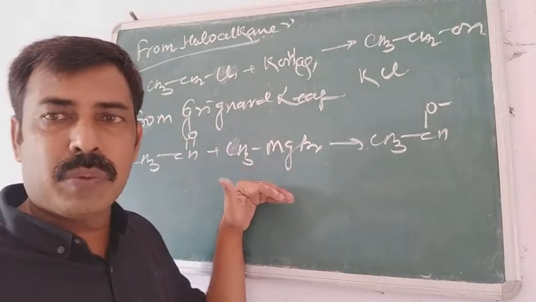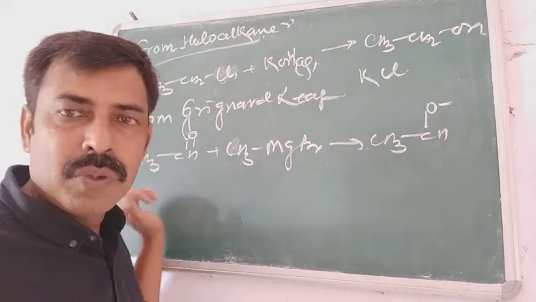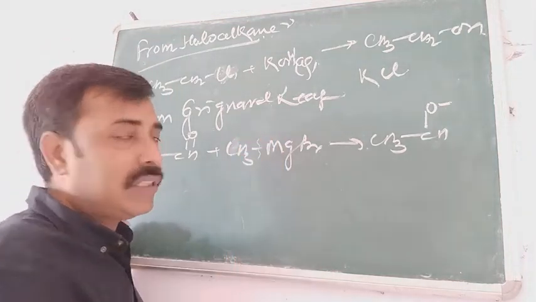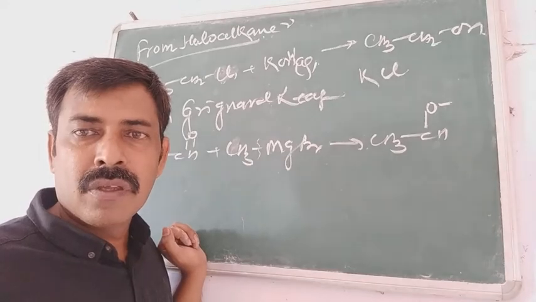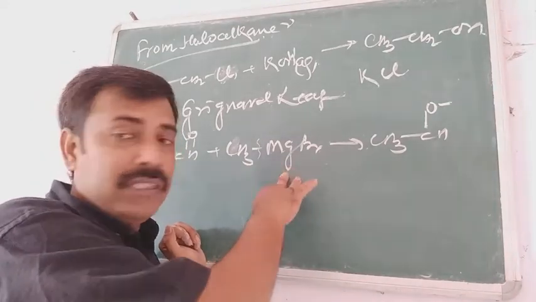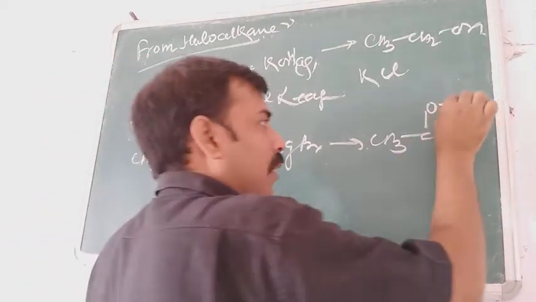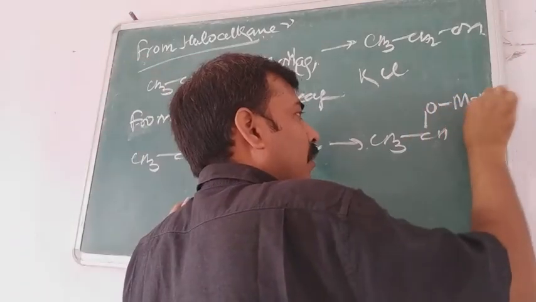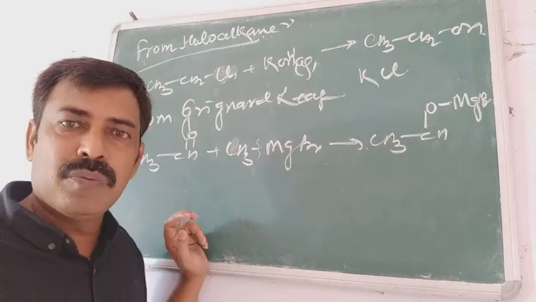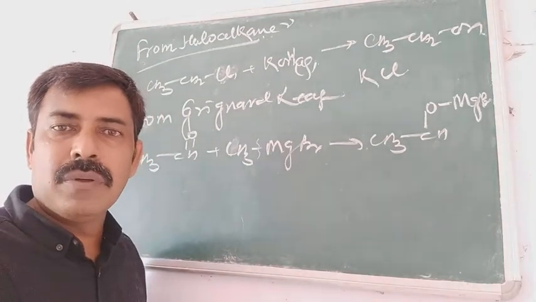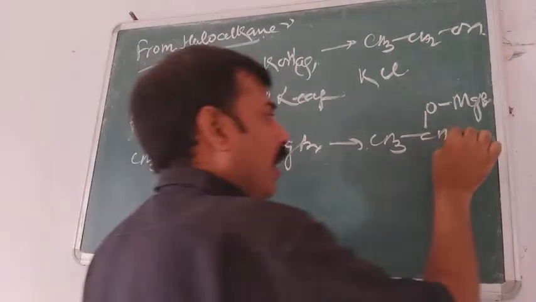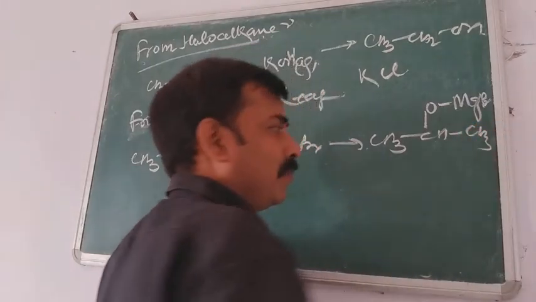In this organic compound, the CH3Mg bond is going to break. When it breaks, the magnesium, which is a metal by nature, will generate a positive charge on itself and approach the oxygen. And the alkyl group, which is respectively negative, will approach the carbon and will form this product.